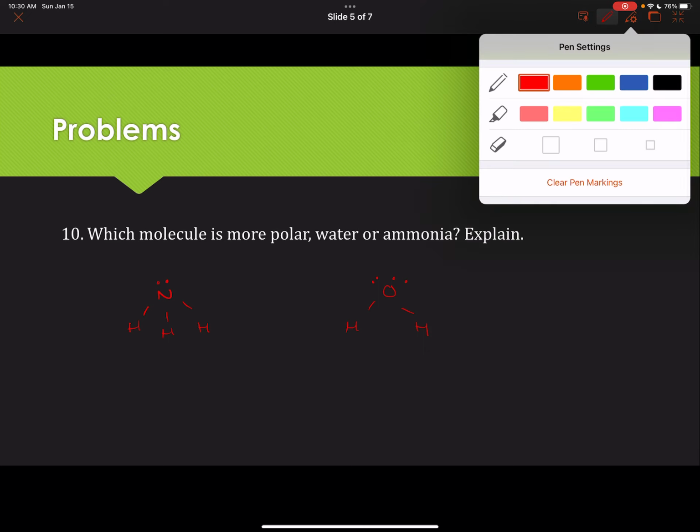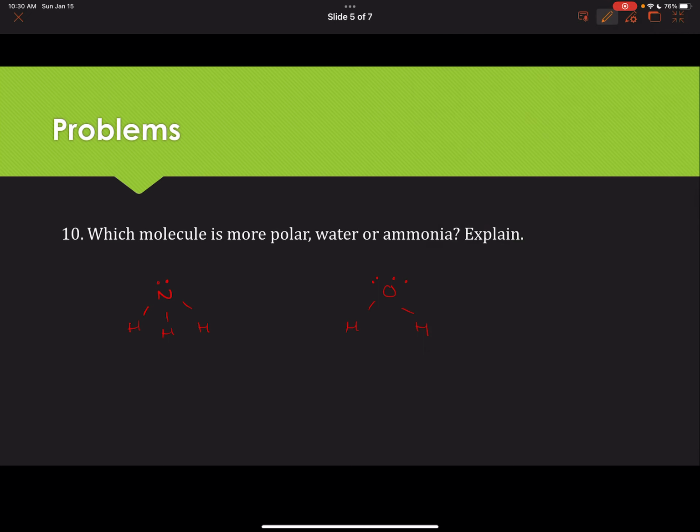And we're asked to identify which one is more polar. So they're both polar molecules. When we're looking to see who is more polar, we actually look at two things. We're going to look at electronegativity differences and the number of polar bonds.